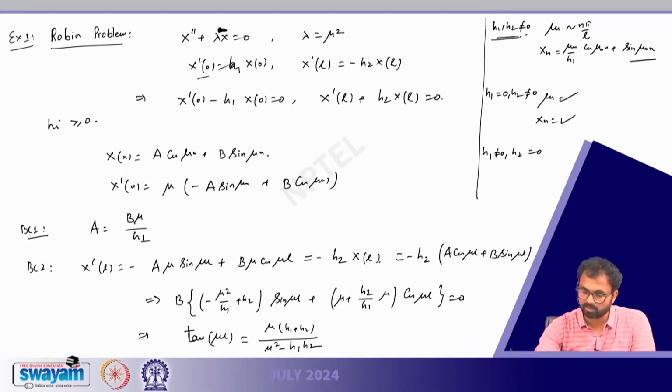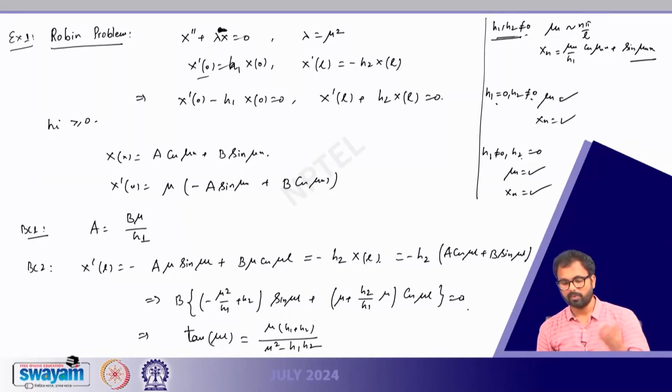So in each of these cases, we can find out what our eigenvalues and eigenfunctions will be. This particular example deals with the Robin boundary condition, and up to calculating the general solution it is the same. How you use the boundary condition to determine the eigenvalues and eigenfunctions plays an important role, and these all fall under our Sturm-Liouville equation category.